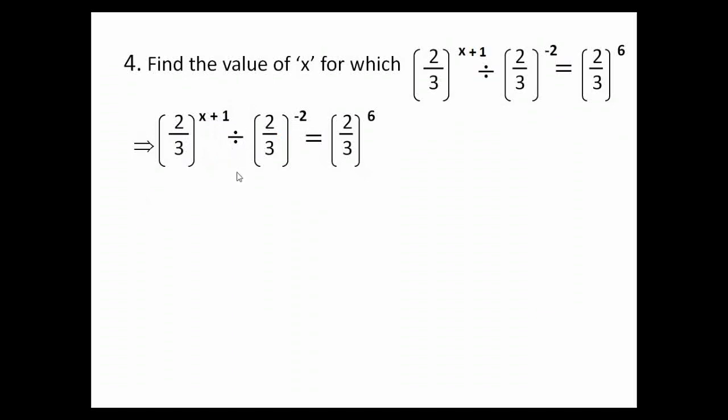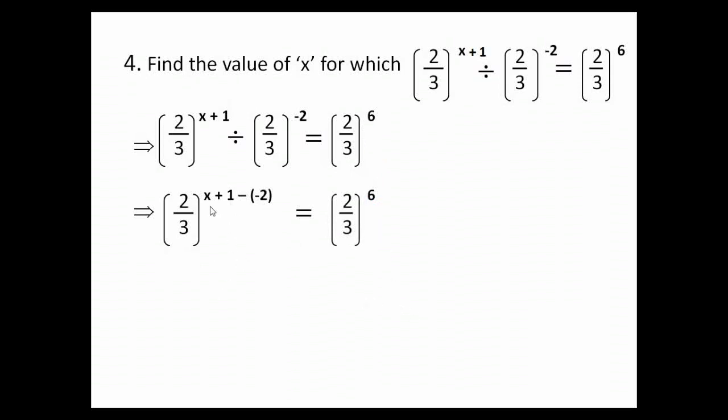So we can apply the law of exponents. Here the exponent of the numerator is greater than the exponent of the denominator, since the bases are the same. So it will be (2/3) raised to the power x+1 minus the smaller exponent, that is -2, which is equal to (2/3) raised to the power 6 as it is.